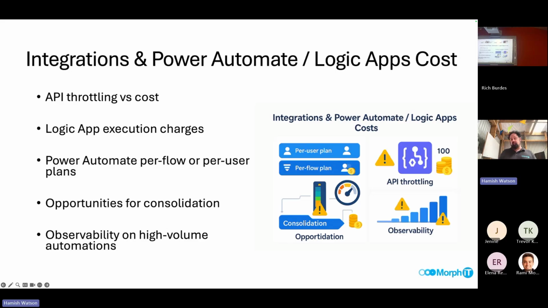And of course, as a DevOpsologist, I have to talk about observability. So where we can track high volume automations, measure flow failures, and monitor our API consumption. That means that if we have a FinOps driven view, it helps us understand which integrations deliver value and which ones are just simply consuming our money.